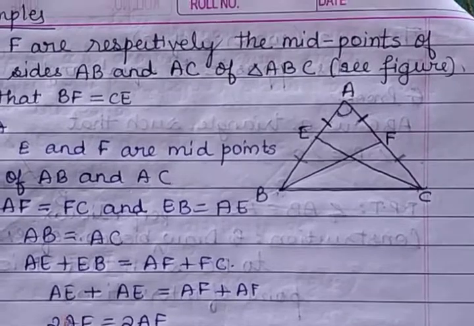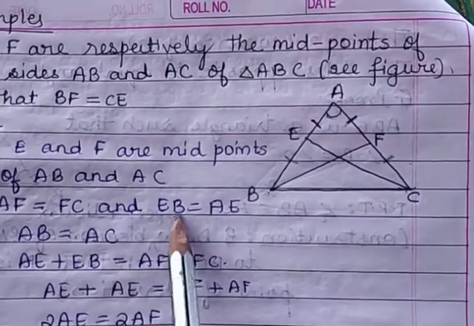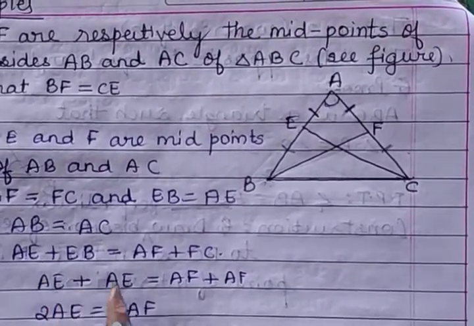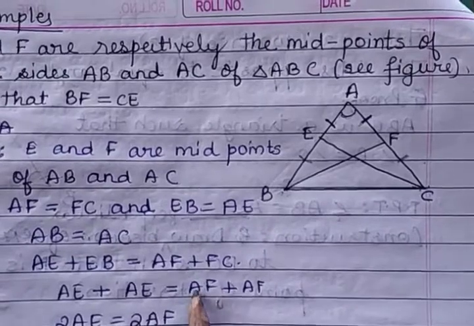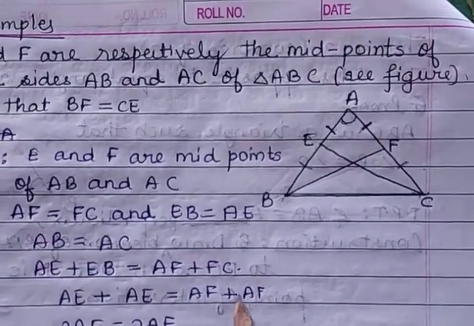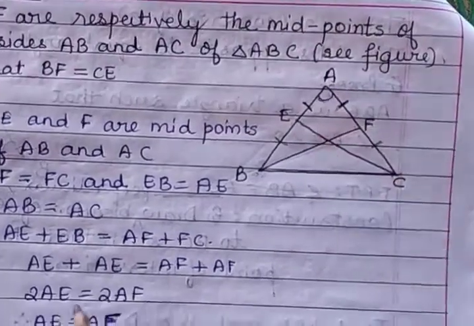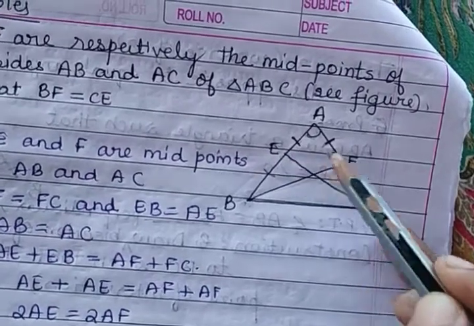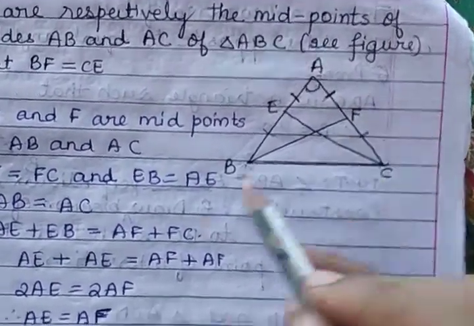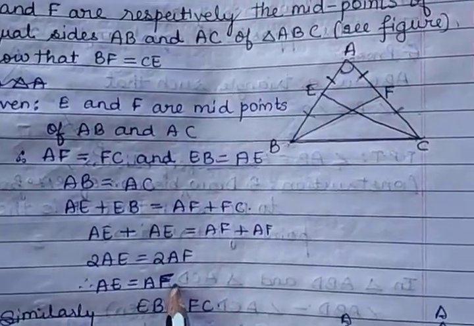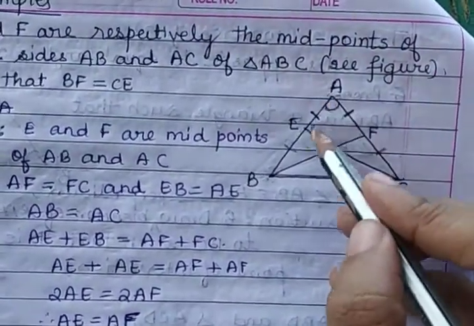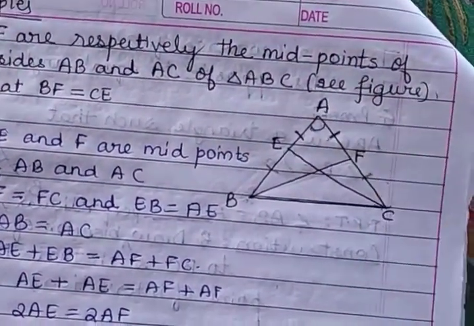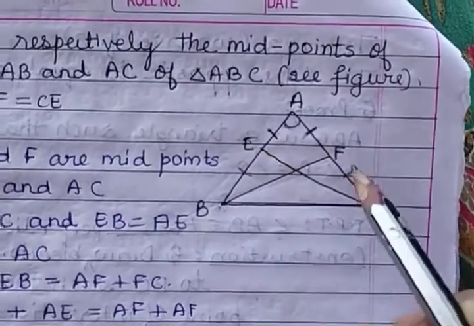Now AE plus EB is the same as AE plus AE, and AF plus FC is AF plus AF. So you get 2 times AE is equal to 2 times AF, so AE is equal to AF, and similarly we can show that EB is equal to FC.